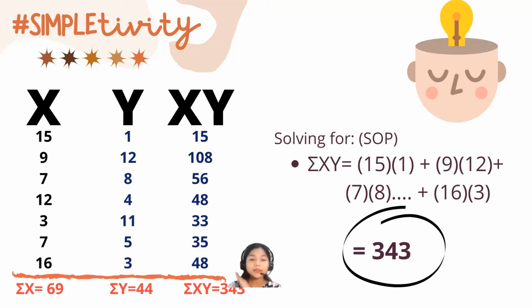And 16 times 3, it's 48. So if we're going to get the sum of products, then we are going to get the summation of the products of the two variables, which is 343.